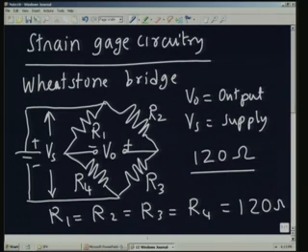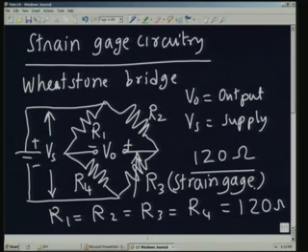It will be in balance to start with, and what I will do is I will identify this R3 as the variable resistance, which is the strain gauge. So, one of the resistances has been replaced by the strain gauge, and this is called a quarter bridge arrangement. Quarter bridge because 1/4 of the bridge consists of a variable resistance.